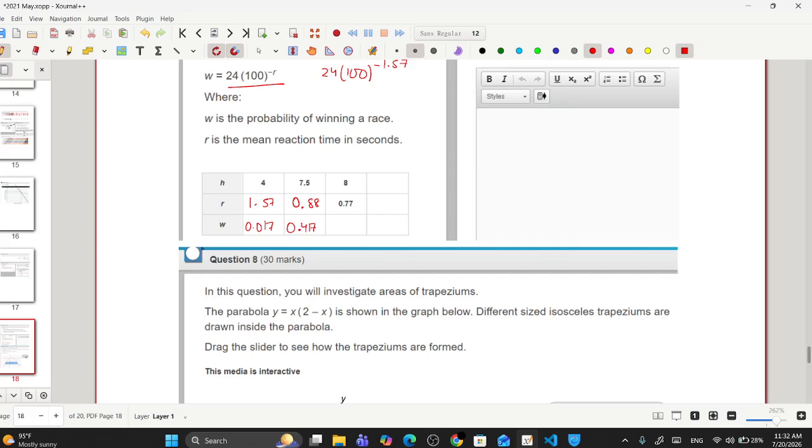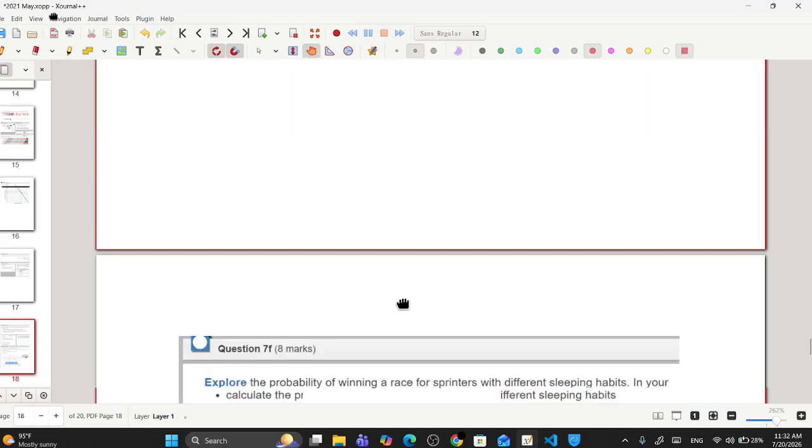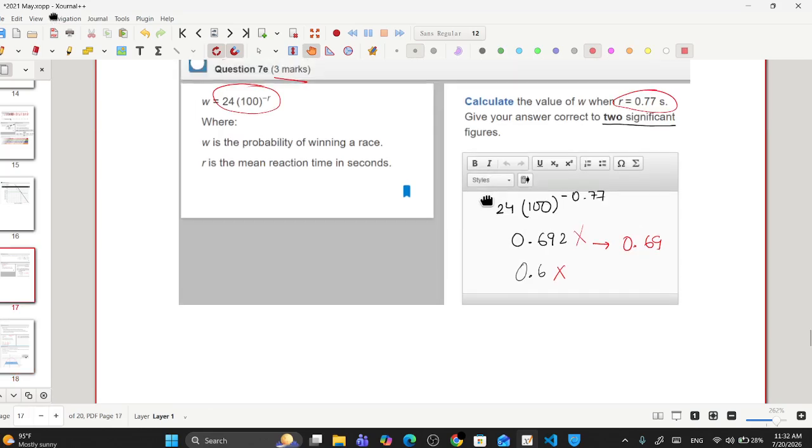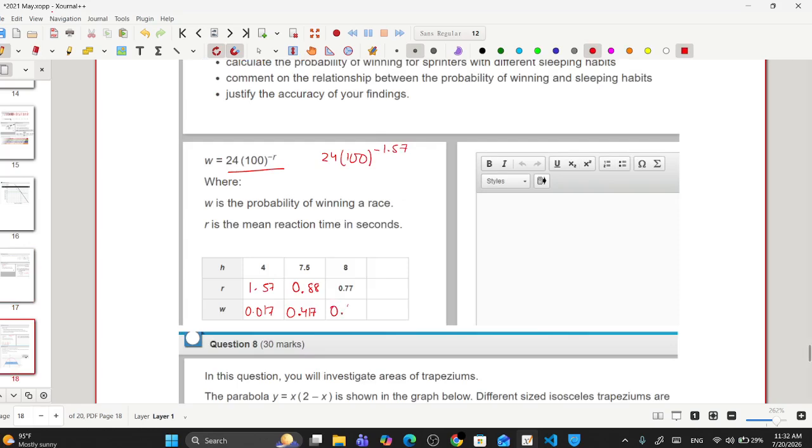And we have the value of R as 0.77. So when R was 0.77, what value did we calculate for W? 0.69. For the time being, let's just write it down as 0.692. It does not make much of a difference.